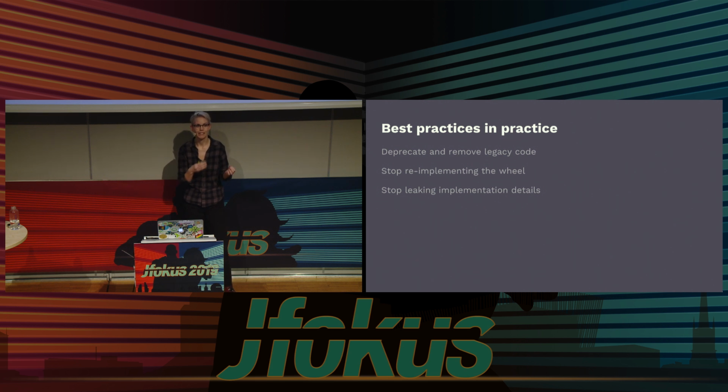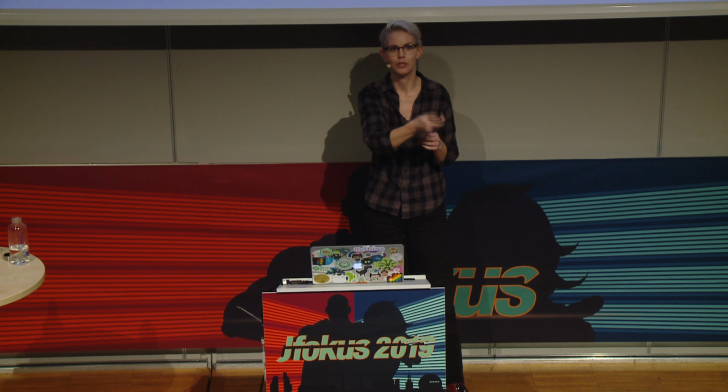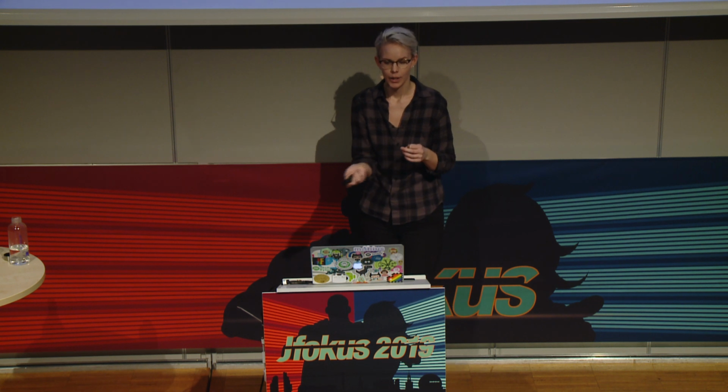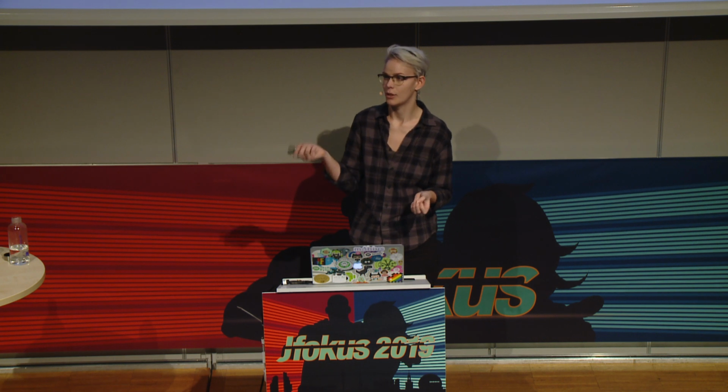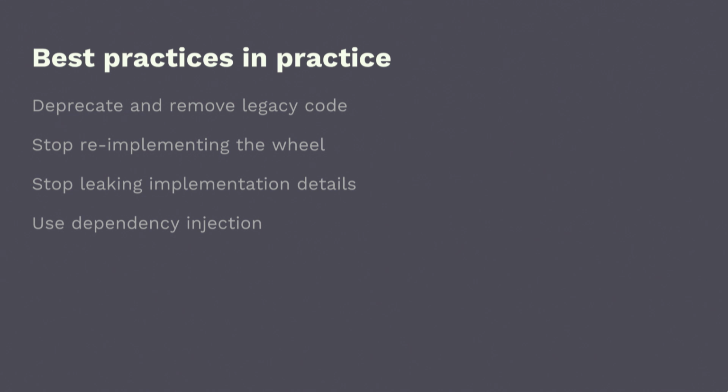Instead, if you could just have a Boolean, then you're not forcing the consumer of your API to know about flags. In addition to that is dependency injection. Rather than forcing the consumers of your APIs to give you your dependencies, use a dependency injection framework so that you can get your dependencies without forcing that onto your API consumers.